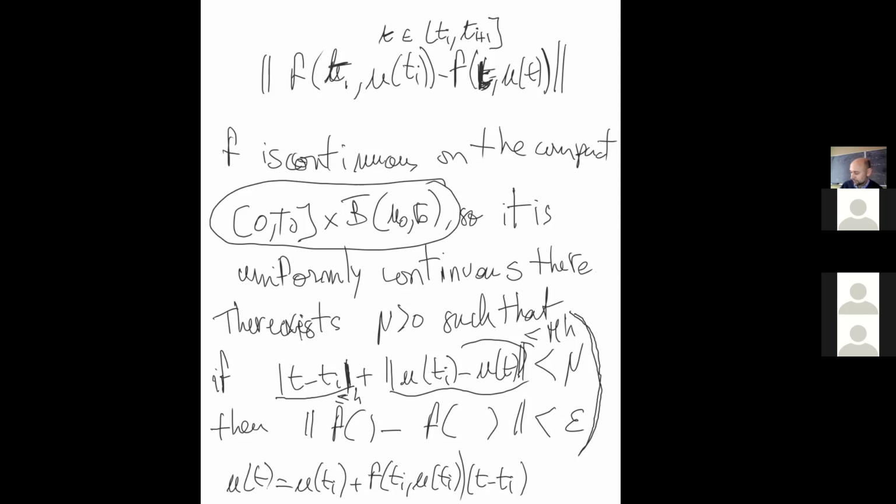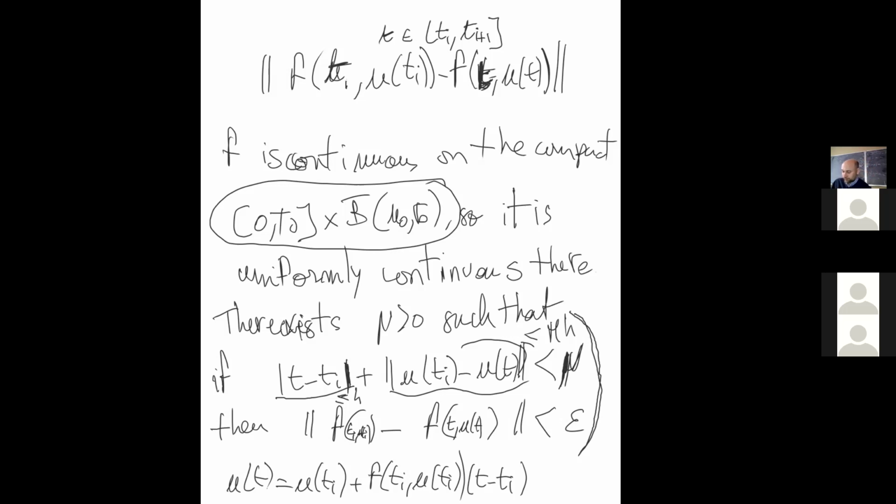C'est ça l'uniforme continuité. Et que mi ne dépend pas de epsilon. C'est une constante à prendre uniformément. Voilà, c'est ça la force de l'uniforme continuité.